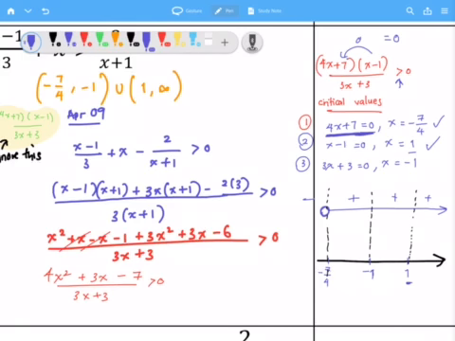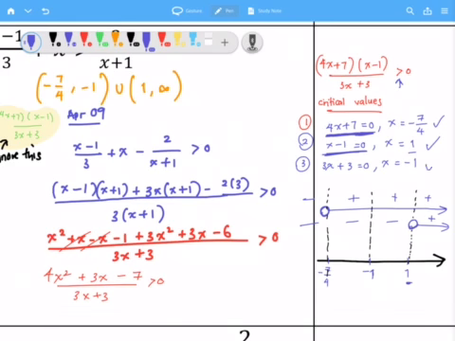We don't want that to happen, so we did not include that one. Now we concentrate on this equation, x minus 1. Anything higher than 1 will result in positive. Anything lower than 1 will result in negative.